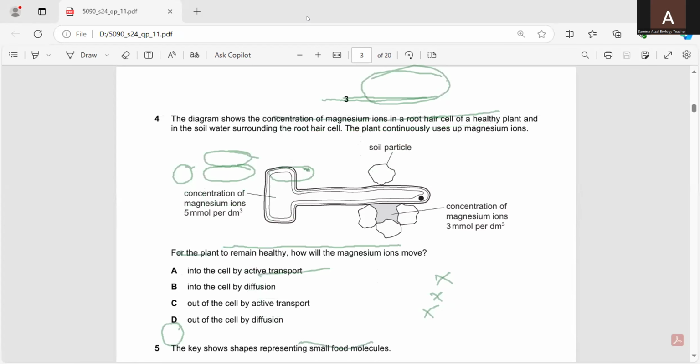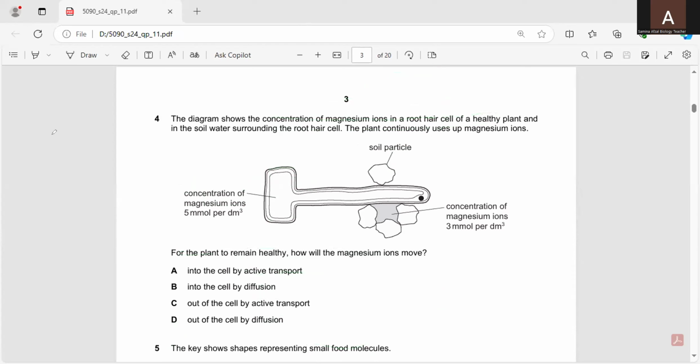Now it's question number 4. The diagram shows the concentration of magnesium ions in a root hair cell of a healthy plant, and in the soil water surrounding the root hair cell. The plant is continuously using up magnesium ions.